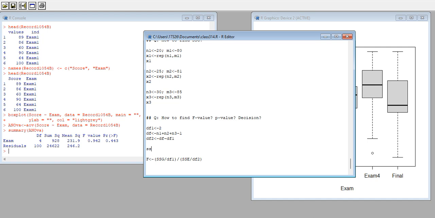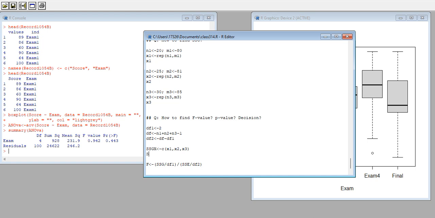SSGX, we say SS. SSGX is just equal x1, x2, x3.